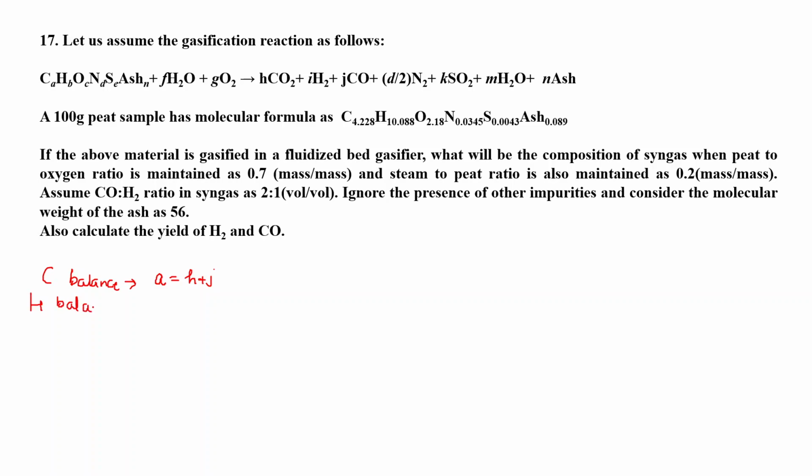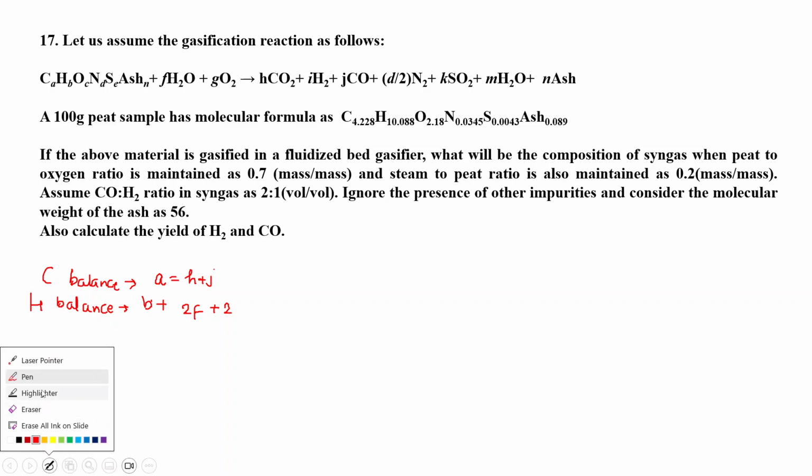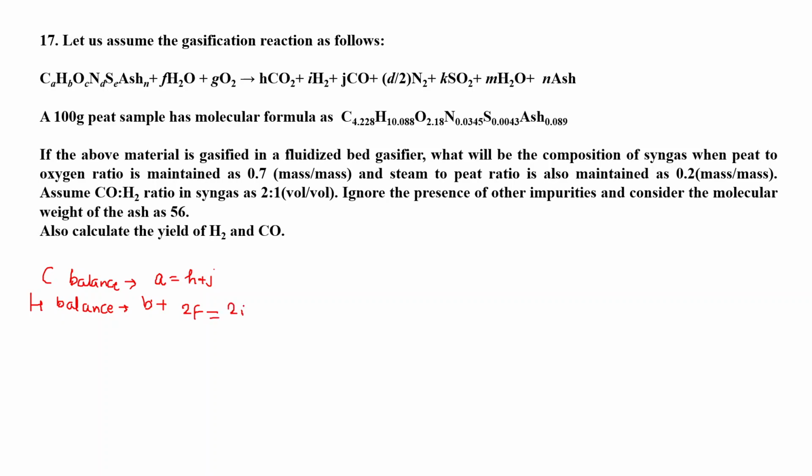Then hydrogen balance, which will give B plus 2F, F and this 2, plus 2I plus 2M, as here 2I and 2M.